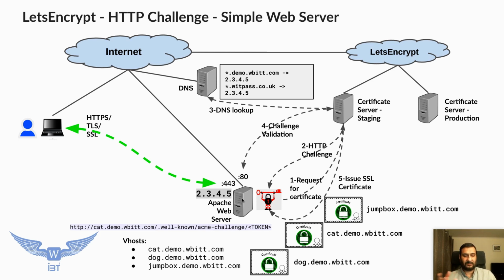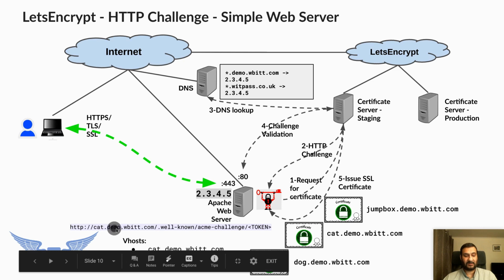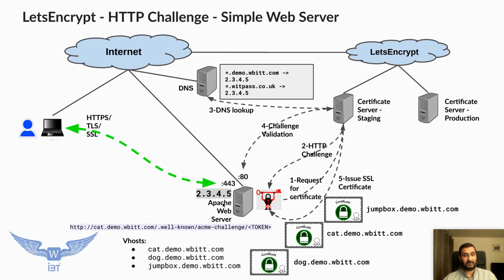So now when you access it from wherever in the world, for example from here, if you do curl or a browser connection on port 443 using cat.demo.wbit.com, then you will see an HTTPS connection, although it will not be valid because it is a staging certificate which is supposed to be invalid.